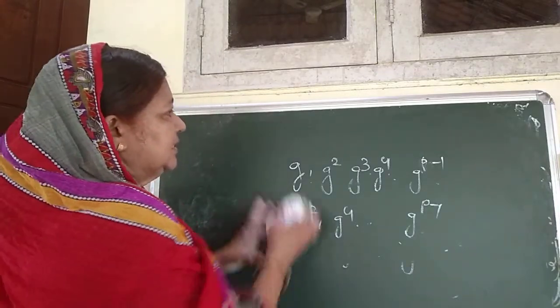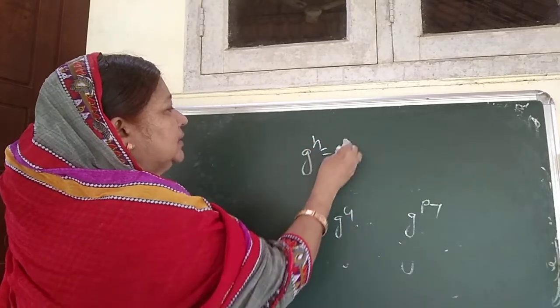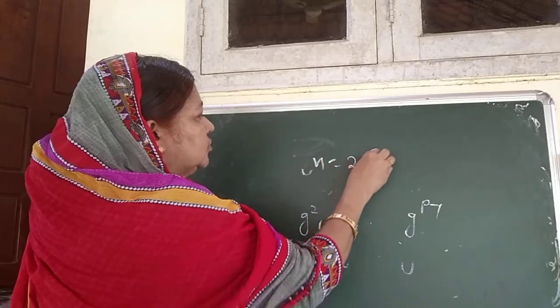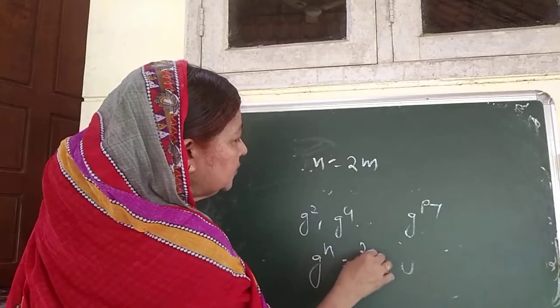Therefore, let G raised to n, with n an even number, so n equal to 2m. Therefore, G raised to n equal to G raised to 2m.